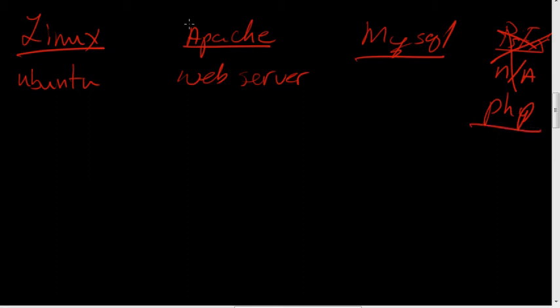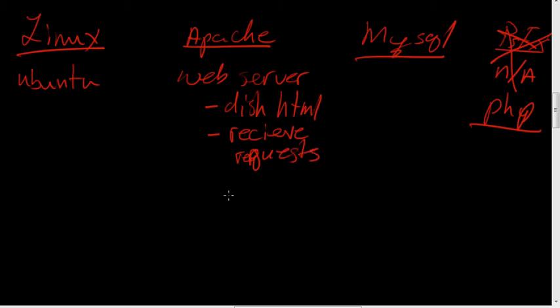So what's Apache do? Well, Apache is a web server. So it allows us to dish out HTML files, and it receives requests, and it operates on the network layer.